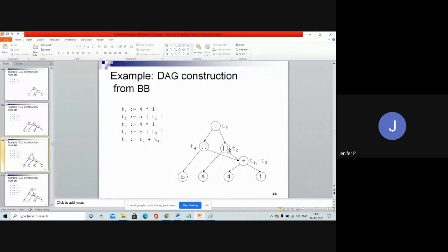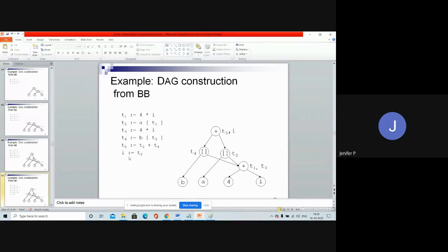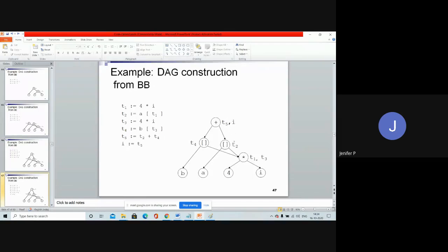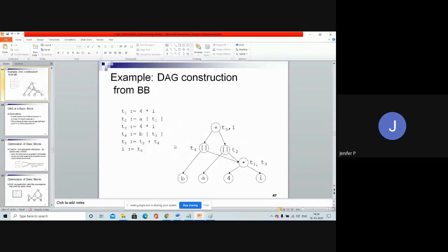T2 here and T4 here, and the operator will be plus and it will be T5, right? Then I equal to T5. So directly you can put I here. Okay. So from this DAG, you can tell what the common subexpressions are. See here, comma, comma, comma. That means I equal to T5 and T1 equal to T3. Okay, so from this we can find the common subexpressions.